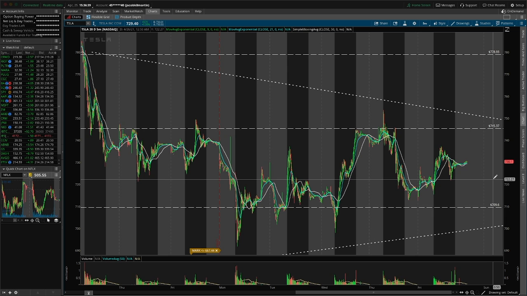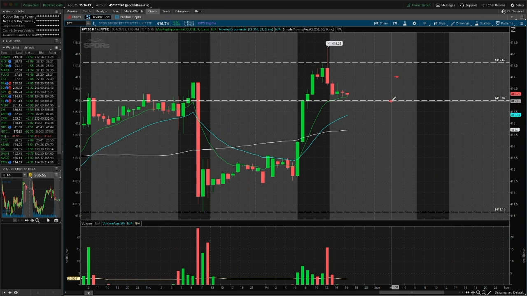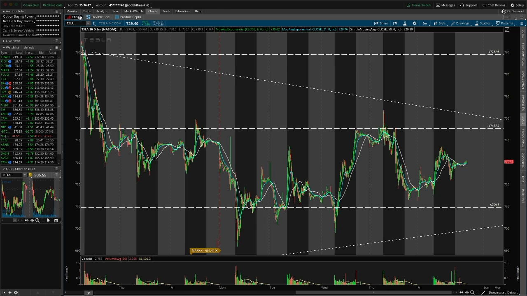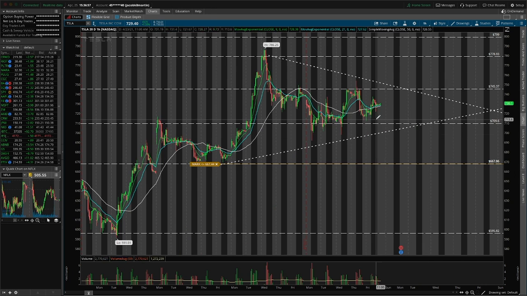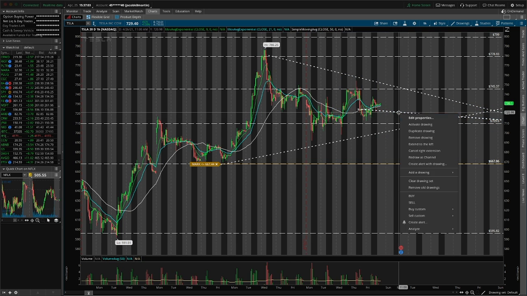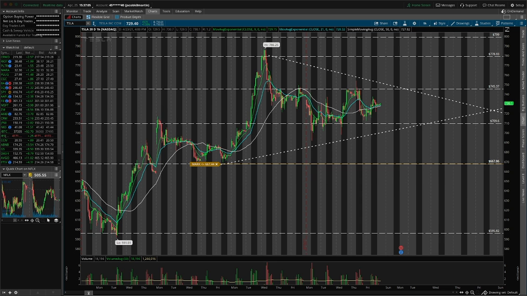On the flip side, if SPY is bearish, if it breaks below this 416 level, and on Tesla, if we break this 720 level, I'm going to be bearish. Because if you see here, this is one price level I forgot to add.